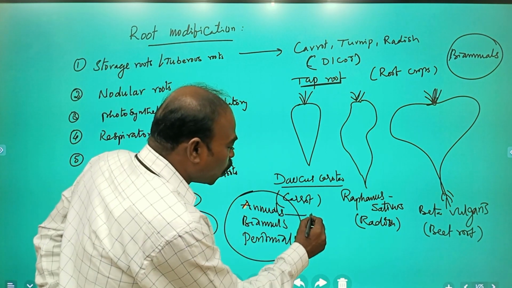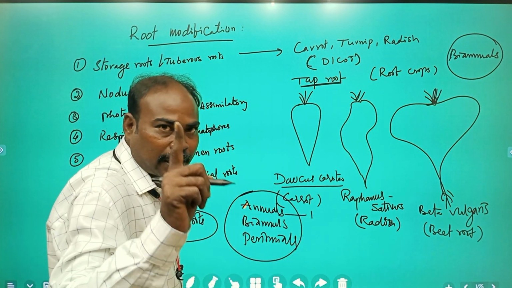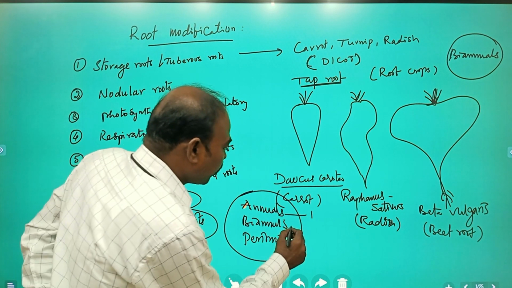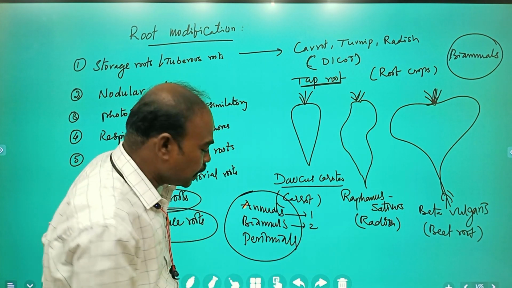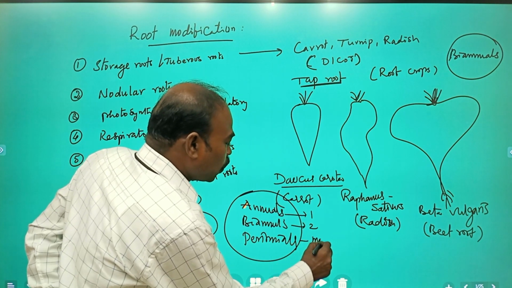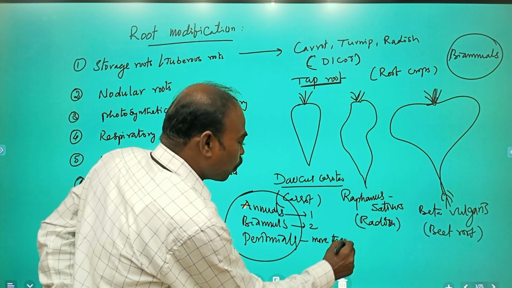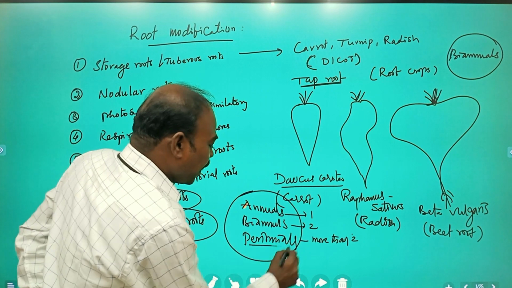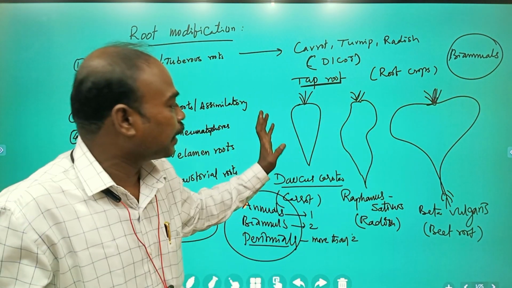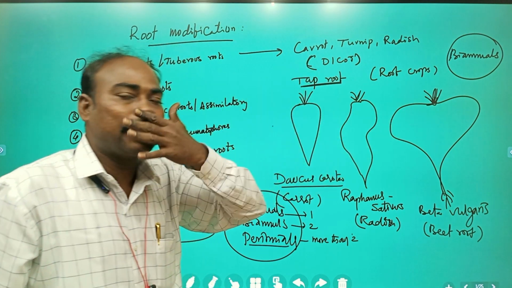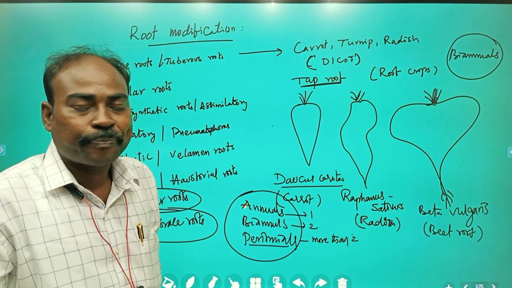Annuals are the plants which complete their life cycle within 1 year or one season. Biennials complete their life cycle within 2 years or two seasons. Plants living more than 2 years are said to be perennial plants. So carrot, beetroot and radish are biennial plants.